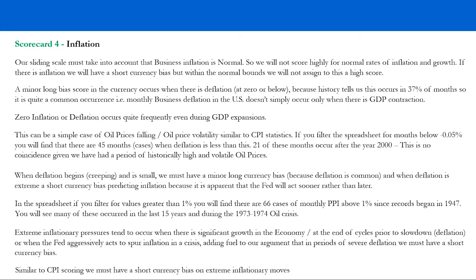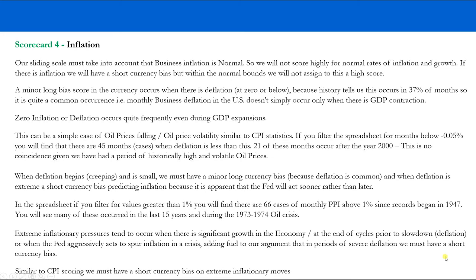Zero inflation, so zeroflation or deflation, occurs quite frequently throughout history, even during GDP expansions. So don't forget, we do have to analyze data and make sure our analysis is robust.